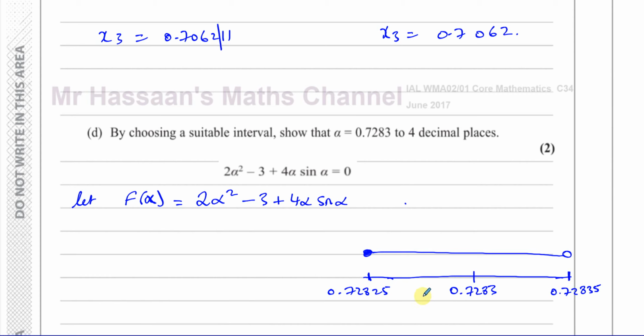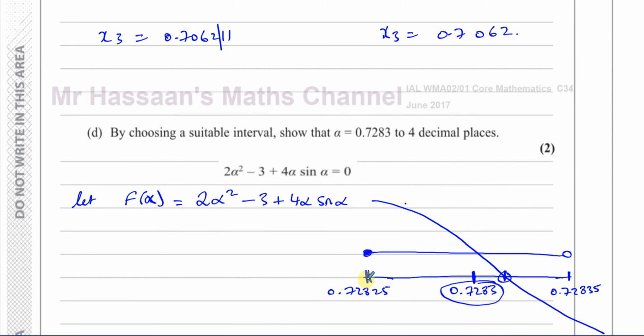Now, if the value of alpha lies anywhere between these two values, for example, if the gradient function crossed the axis here, equals 0 there, then if you round that value to 4 decimal places, it's going to round to this, because any number in between here will round to this.